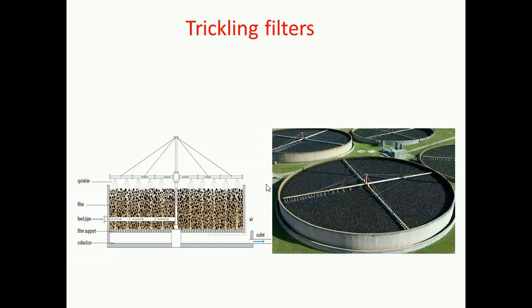Then we are sprinkling the sewage water. This water sprinkled on the surface of the microbial bed leads to the digestion of the organic matters, and the effluent-free water is collected at the bottom level.